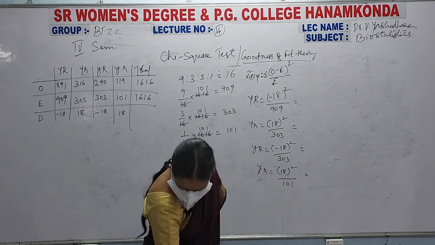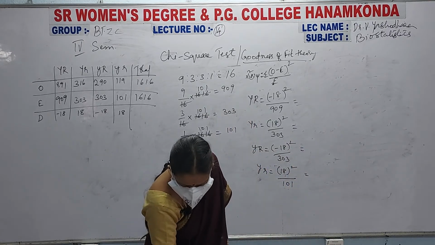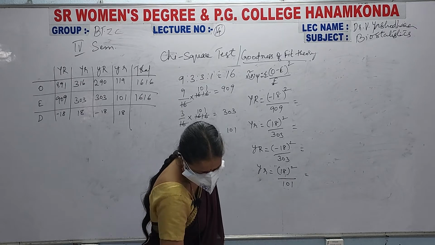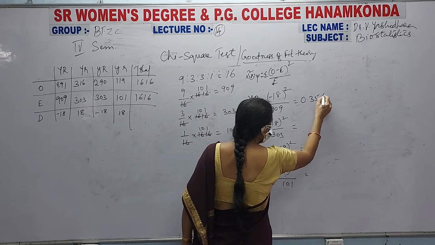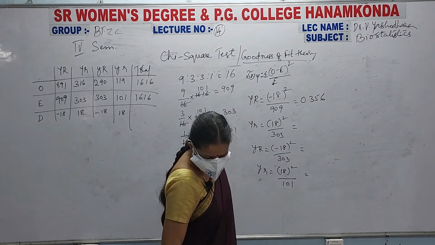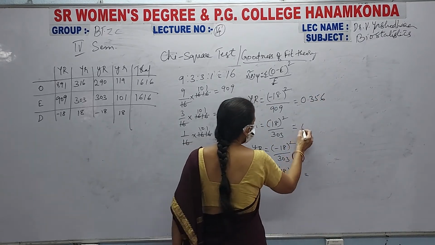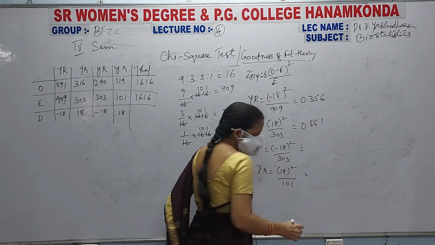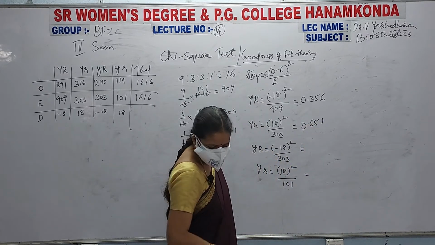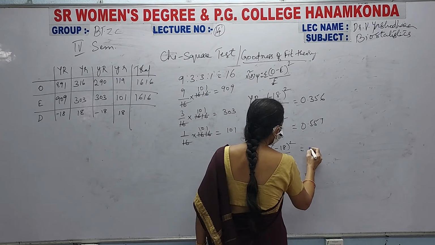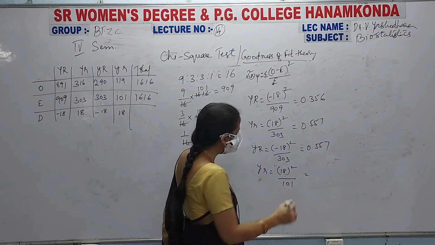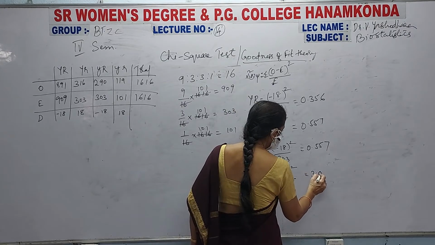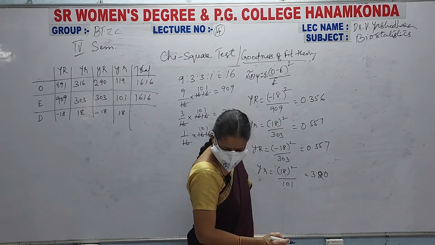Okay, now when you see the results here, 0.356, then 0.551, next is 0.557, here also 0.557, and next is 3.207.